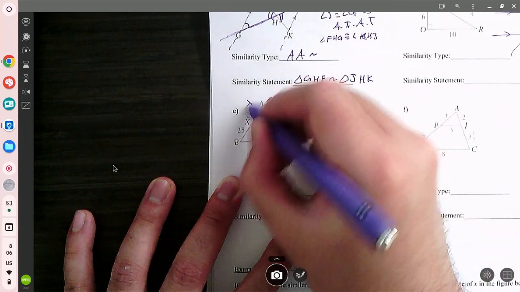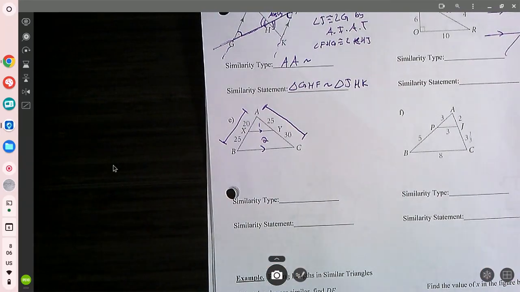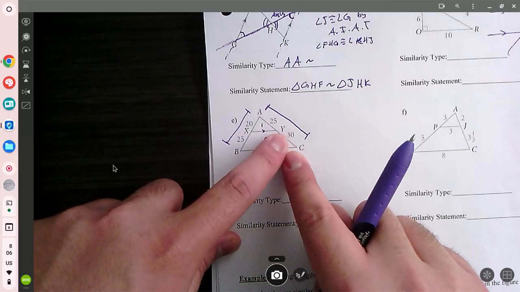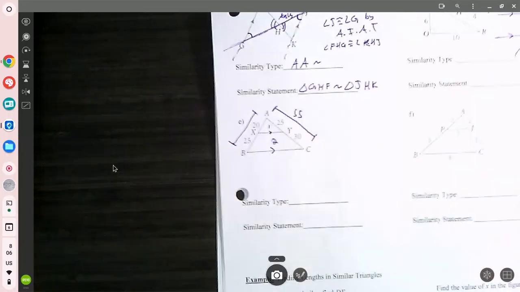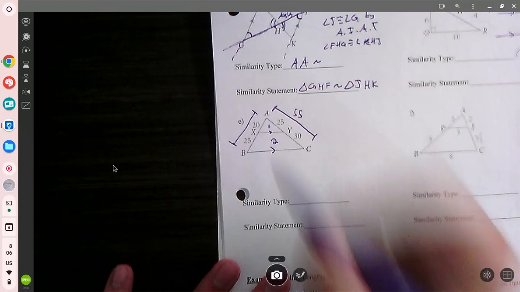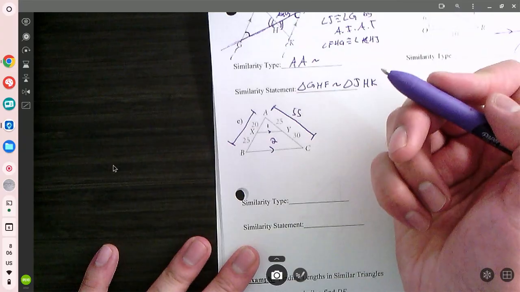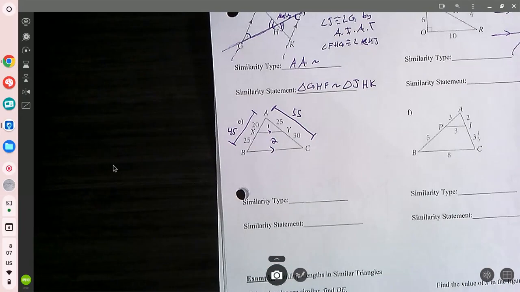This little line with the end brackets tells us that we're measuring that distance. So this distance from AC will be 25 plus 30, which is 55. On this left side, AB will be 20 plus 25, which is 45. So this will be 45.